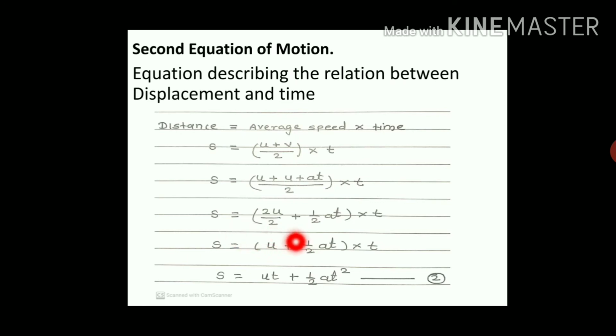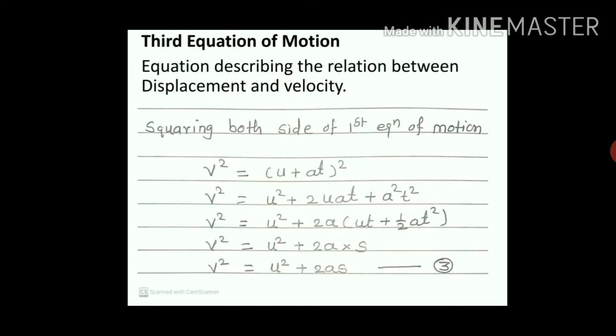This is called the second equation of motion, or the equation of relation between displacement and time. Now let's move towards the third equation of motion.